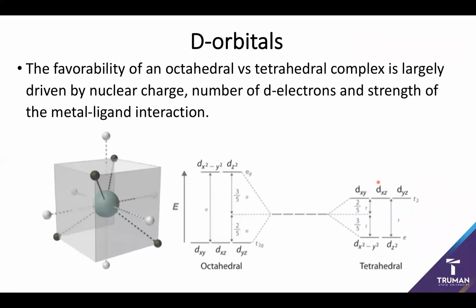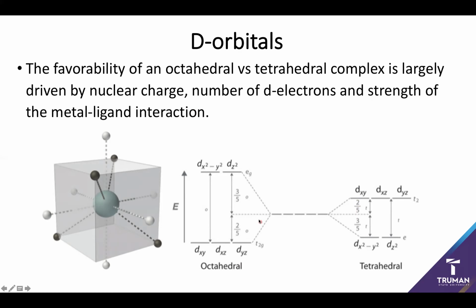Now, one of the things I want to quickly take a moment is trying to compare these two sets of orbitals. And when we're trying to look at the favorability of an octahedral versus a tetrahedral complex, this is actually going to be driven by a fair number of phenomena. First of all, it's going to be driven by nuclear charge, because this is going to help determine how close these orbitals are to the center, their extent of interactions with each other, and their extent of interactions with the ligand, which is also going to be driven by the strength of the metal ligand interaction, essentially how widely split the system is.